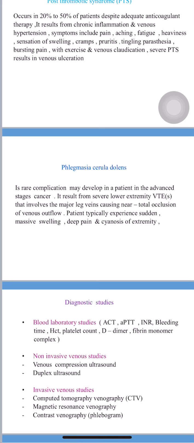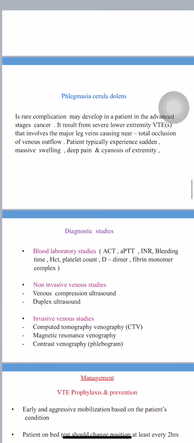And if it is untreated, the venous obstruction causes arterial occlusion and gangrene formation occurs, and that requires amputation. So that's why it is one of the severe and rare complications of this venous thromboembolism. So next is about the diagnostic studies.